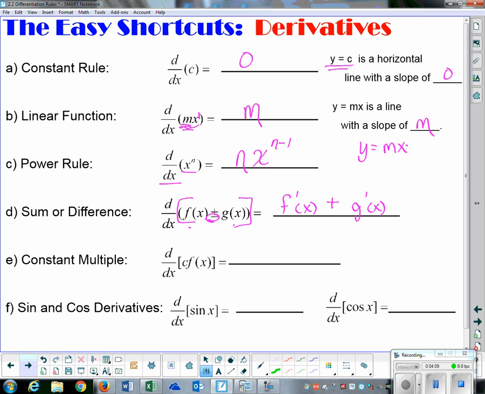If the case was subtraction, then I would just subtract the second function's derivative from the first function's derivative. And for the constant multiplier, I will just take c times the derivative of the function.